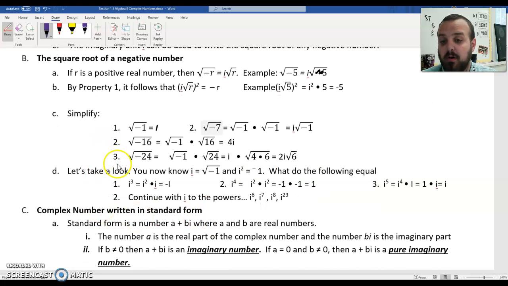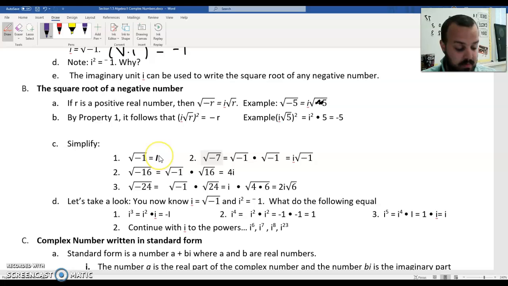All right, so for example, the square root of -1, that's going to be i. If we had the square root of -7, we could rewrite that as the square root of -1 times the square root of 7. The square root of -1 we know is i, so it would be i square root of 7. Okay? The square root of -16, we could split that into the square root of -1 times the square root of 16.